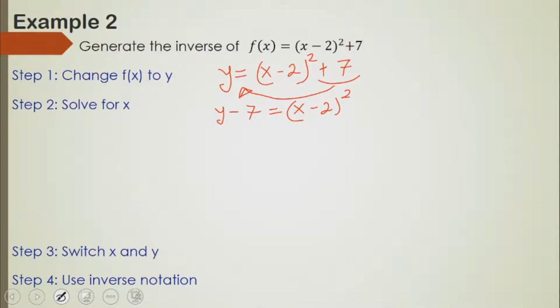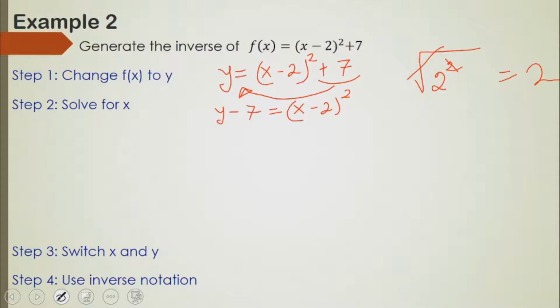So in order to get rid of the exponent of 2, which is the square, we need to take the square root, okay? So if I have 2 raised to the power of 2, we know that is 4 because 2 raised to the power of 2 is 2 times 2. If I take the square root, of course, the answer is going to be 2. Why? Because the square root eliminates the square. So to get rid of the exponent of 2, just take the square root of both sides.